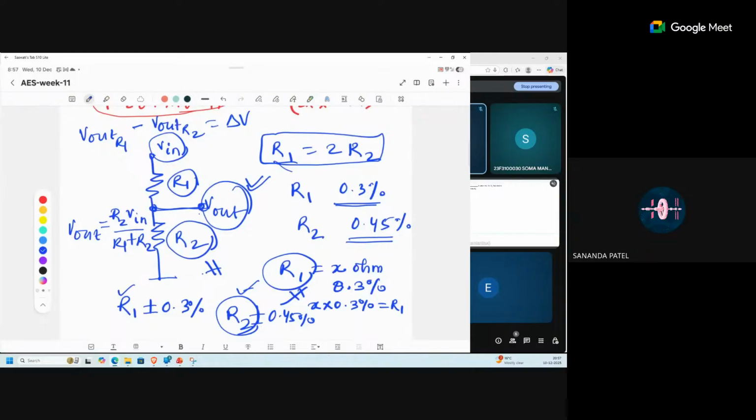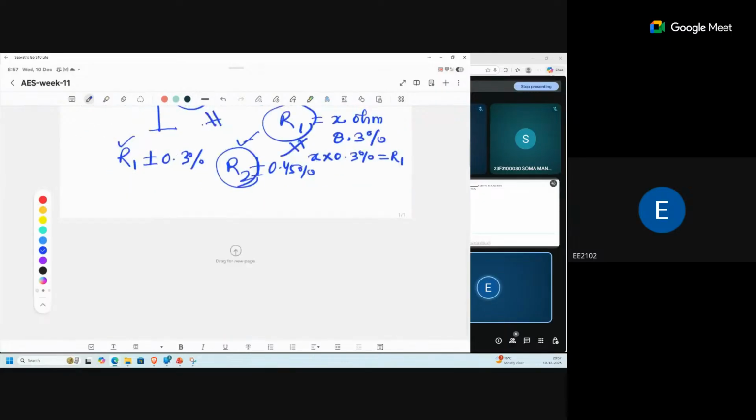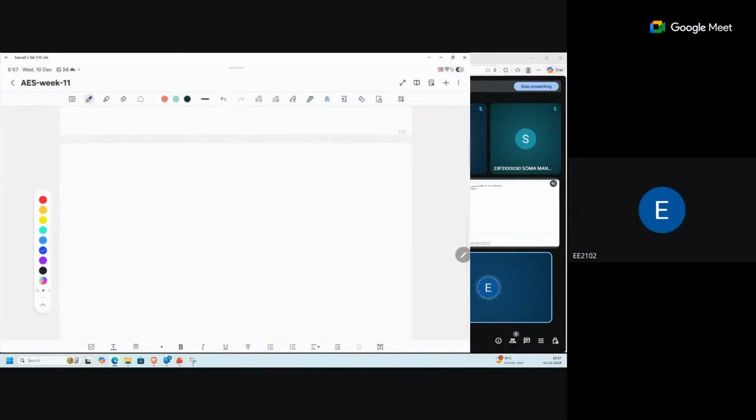Yes, ma'am. Next, you already have the information. R1 equals 2R2. Then V out is equal to V in times R2 over R1 plus R2.